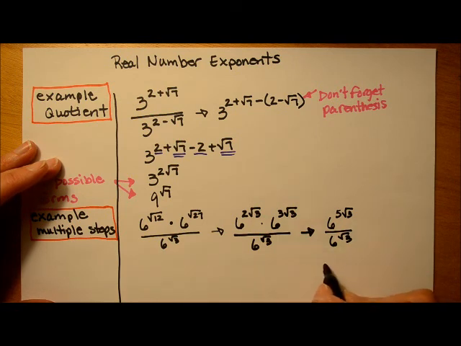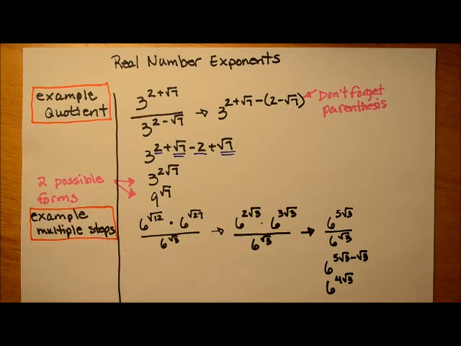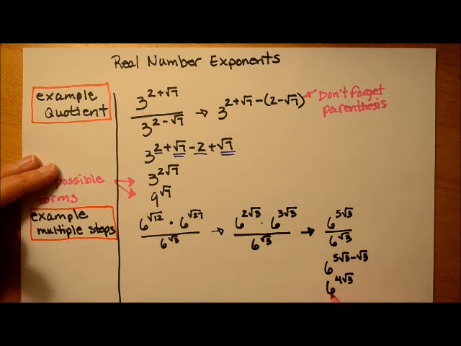So what I have here, I'm just going to pop down right here. I have 6, base 6, to the 5 square root 3 minus square root 3, which is going to give me 6 to the 4 square root 3. Okay, and then that's going to be my answer. Sometimes in the book they'll go 6 to the 4th.